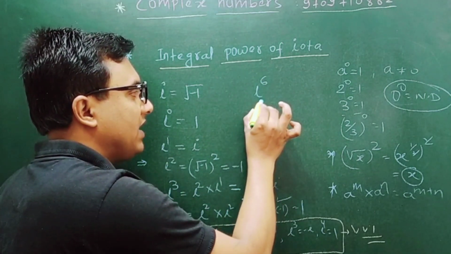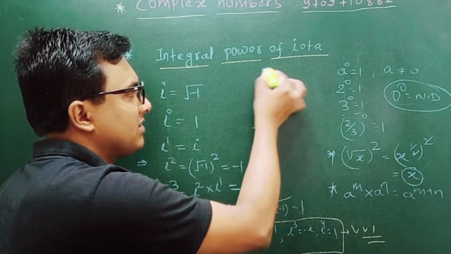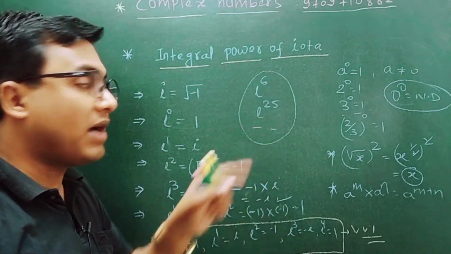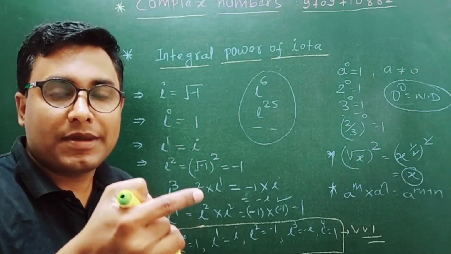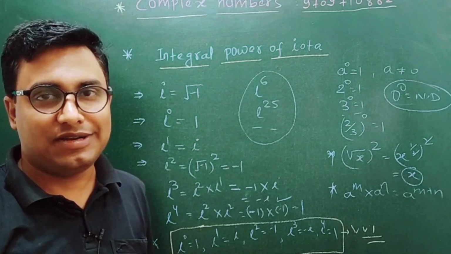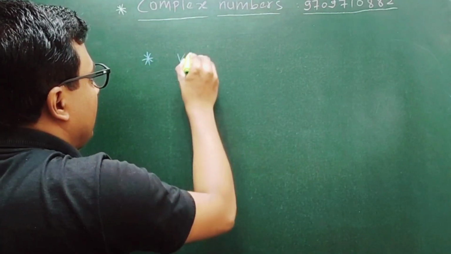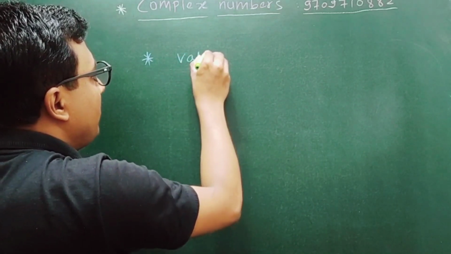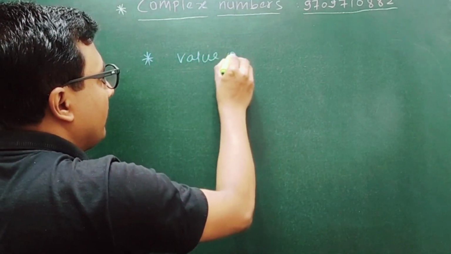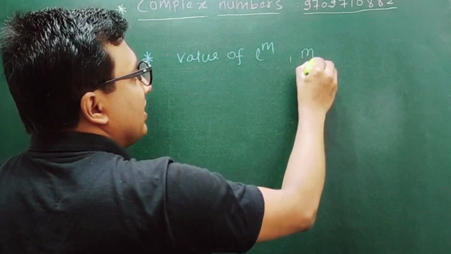But the next question here: what is the value of iota to the power 6, iota to the power plus 25, like this? That means when the power is greater than 4, how can we obtain these values? So write this: the value of iota to the power m, where m is greater than 4.